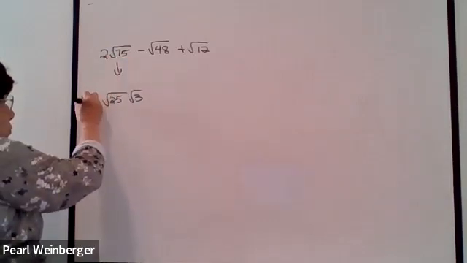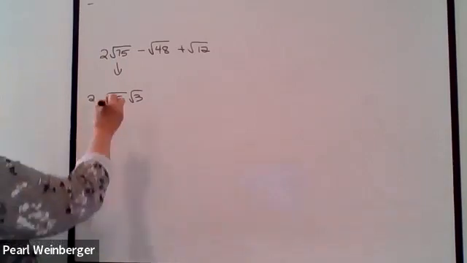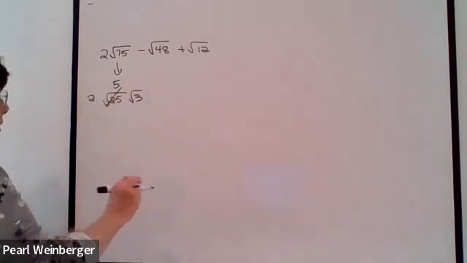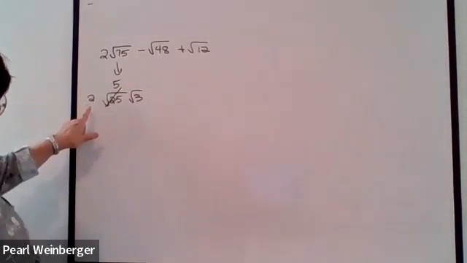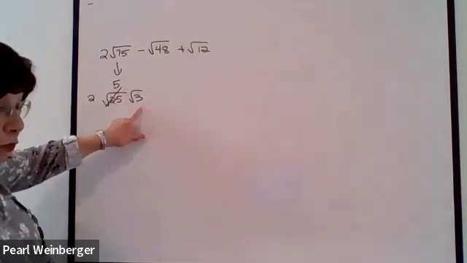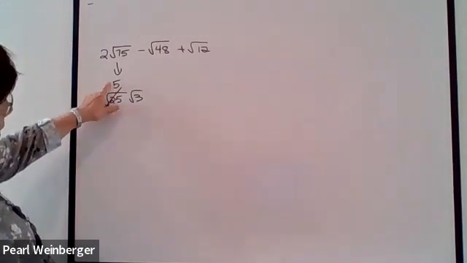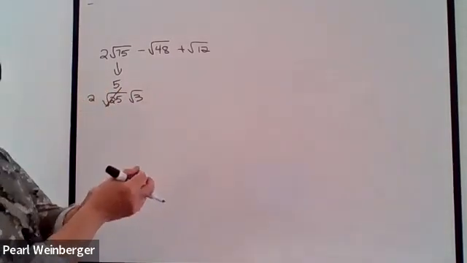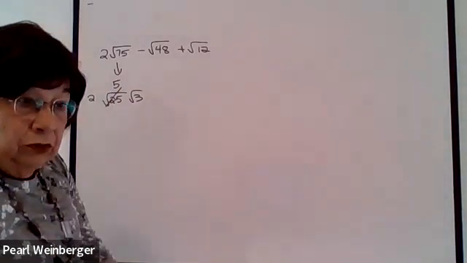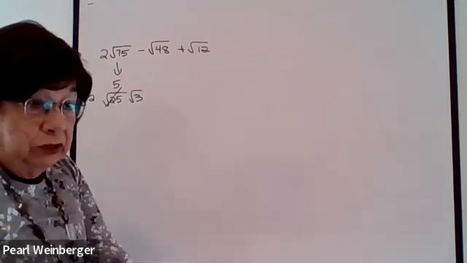Now don't forget there was a 2 here in front. I can now take the square root of the 25, which will give me 5. And now I have, in front of the radical, a 2 and a 5 times radical 3. Now, what do you think I should do with the 2 and the 5? Well, there's no sign in between them. So usually when we don't have any sign between 2 letters, it means what we want to do is multiply.